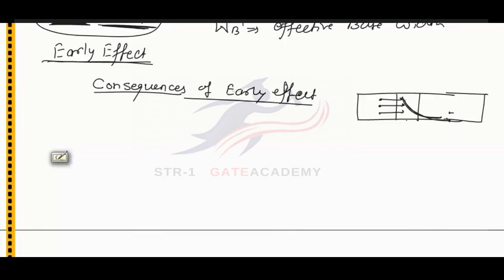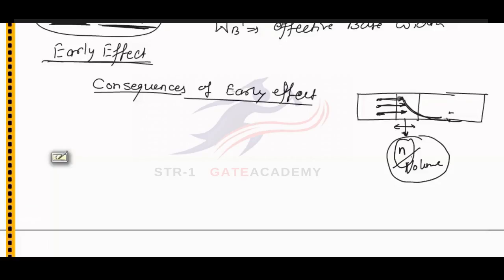Now if we decrease the base width, then the number of charge carriers in the base region, electrons, divided by the effective volume of the base, is the ratio to consider. The same number of charge carriers are injected into the base region.